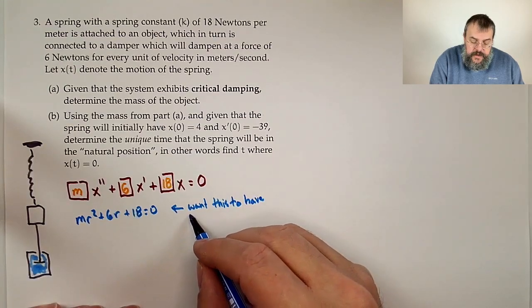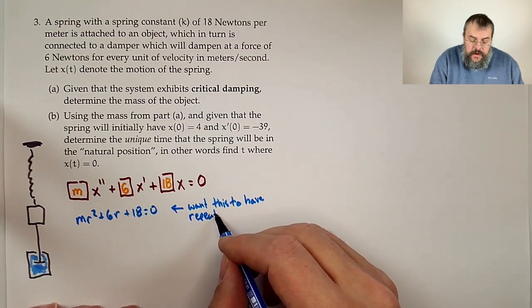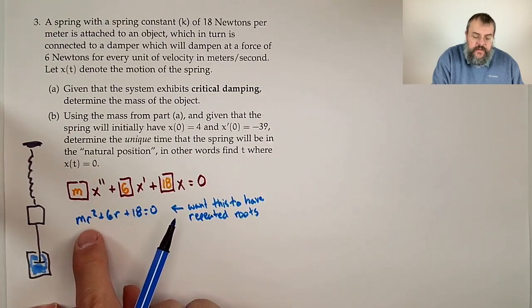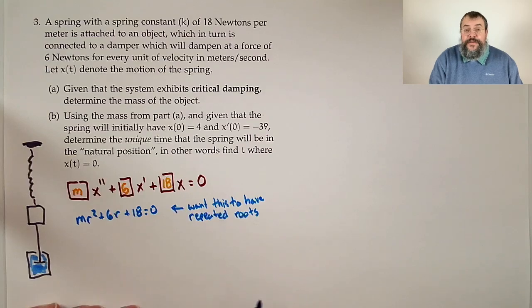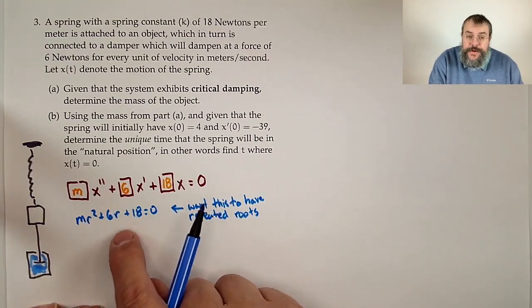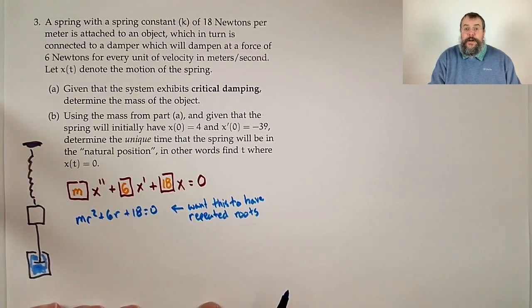Now, what that really says is that we need to have it be the case that this is a perfect square. Okay, so that's what we're going to do. Make this into a perfect square. Now you might say, well, how do we do that? Well, here's the moral.